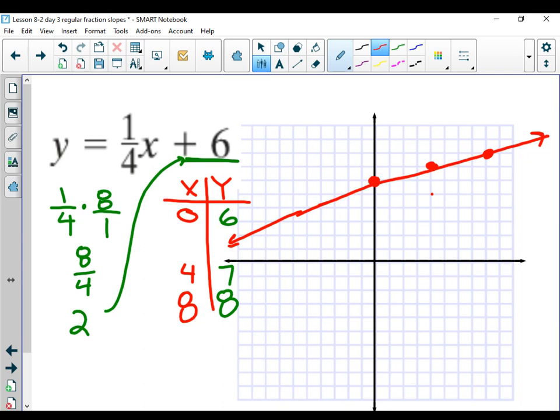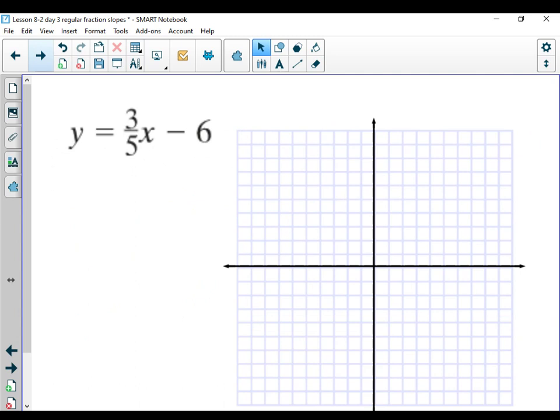Shout for help if you need help. Bottom left, are we ready? Shout for help if you need help.